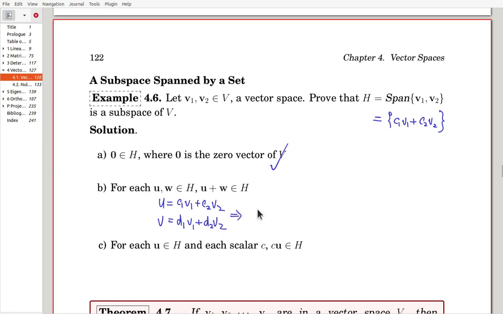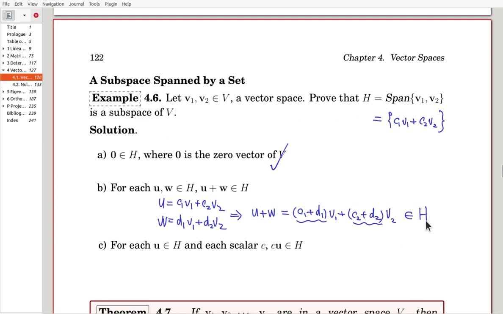If you add them, we use the w notation, then by adding, that is C1 plus D1 times V1 plus C2 plus D2 times V2. So it is the same form along with these scalars. So it is a linear combination of V1, V2, which means that it is in the span of V1, V2, the same as H.